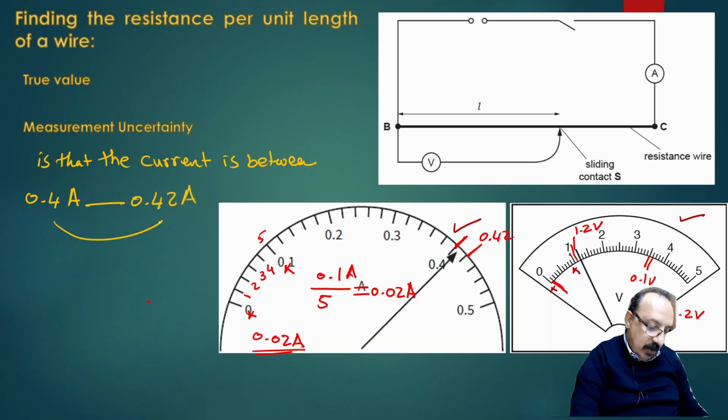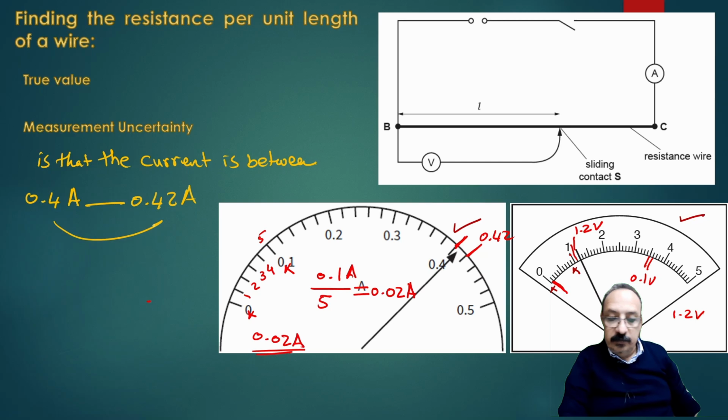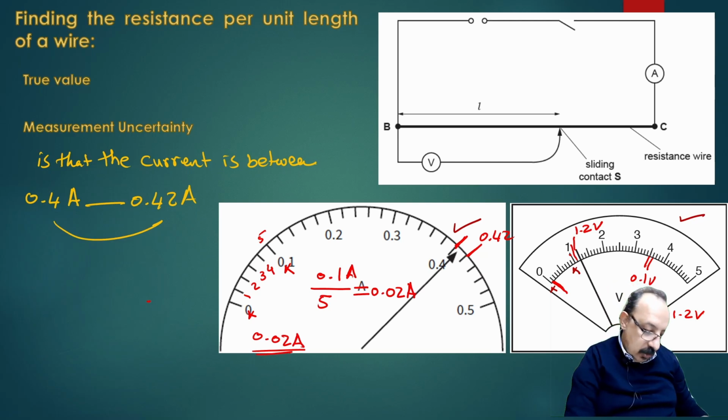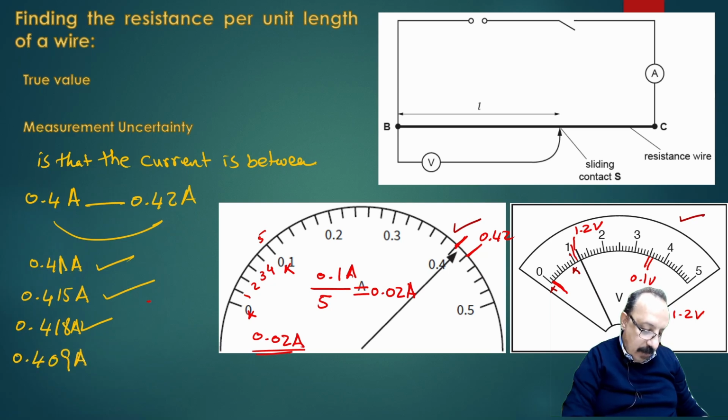So anything between those two values is correct. It could be 0.41 amp, which is correct. Could be 0.415 amp, which is again correct. Could be 0.418, again correct. Could be 0.409 amps, which is again correct.